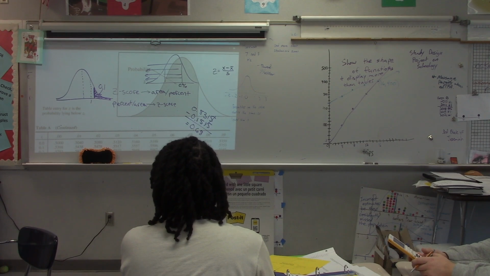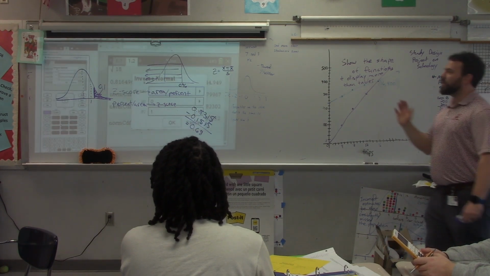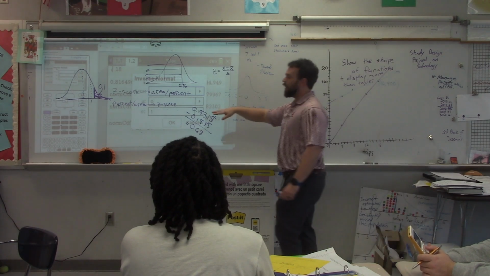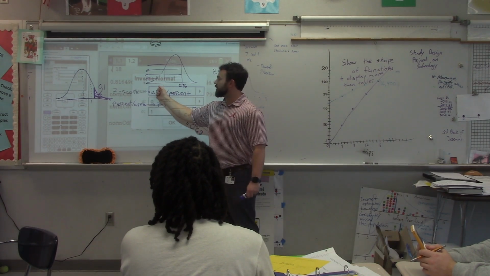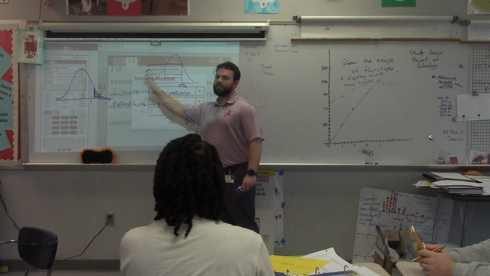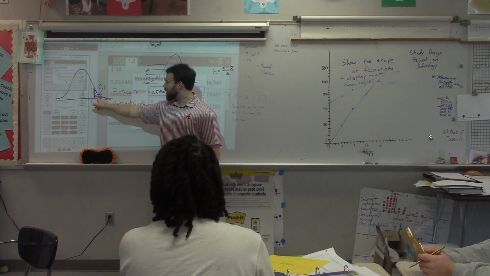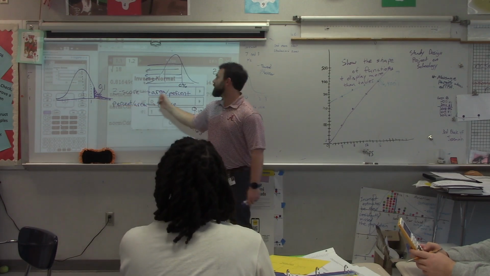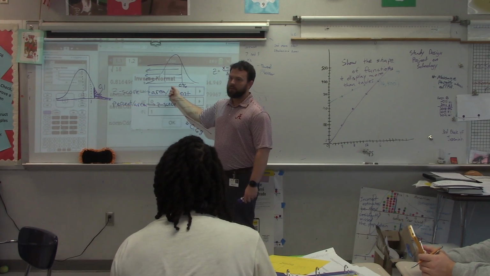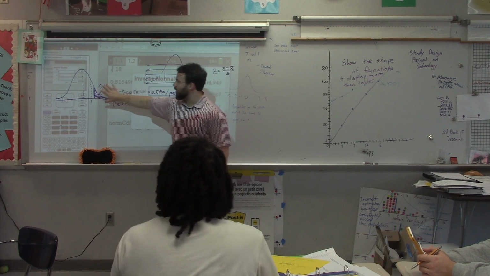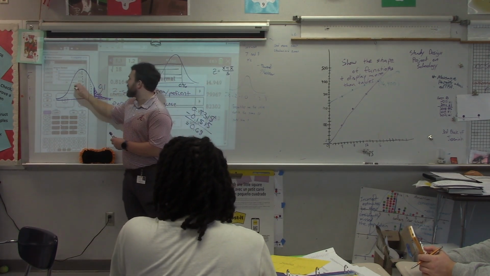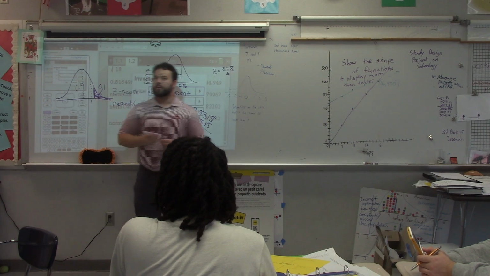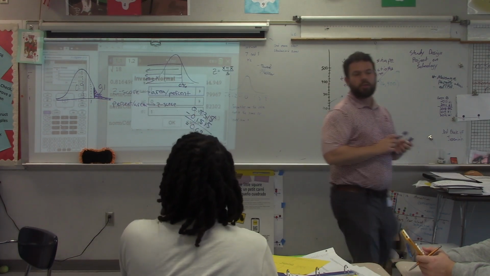So on the calculators, they had to define which direction it was shading, or which area it's looking at. This calculator always looks at the left area. So if 0.1 is on the upper side, I need that 0.9 on the bottom piece. Be aware that you need the lower area.